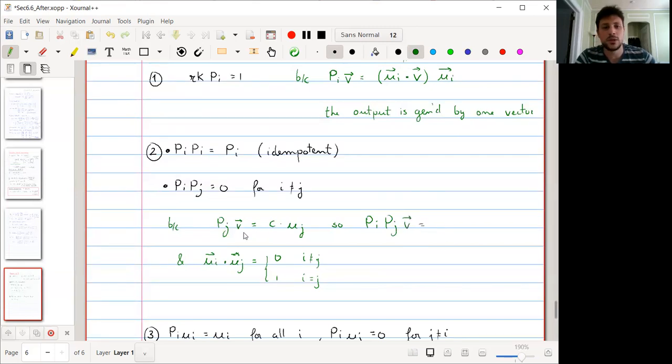By this fact here, I get that this is pi of a certain constant times uj. So now I'm looking at constant times ui dot uj times ui, because that's what pi of uj is.